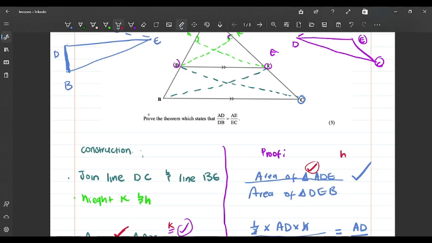Their bases, remember, this is the base of one of the triangles, and this is the base of the other triangle. These two bases are between parallel lines, and as a result, the two areas are going to be equal to one another.